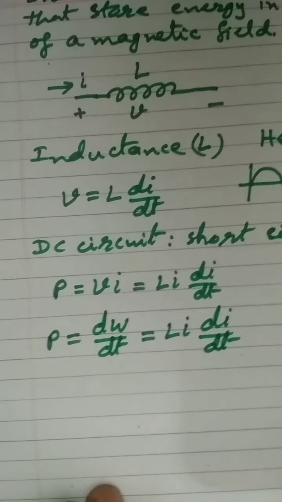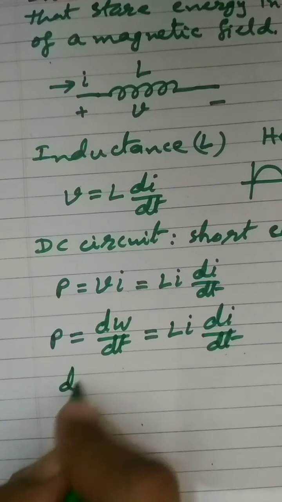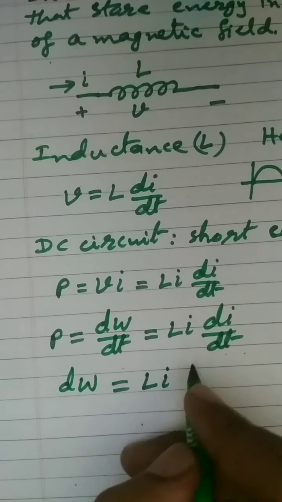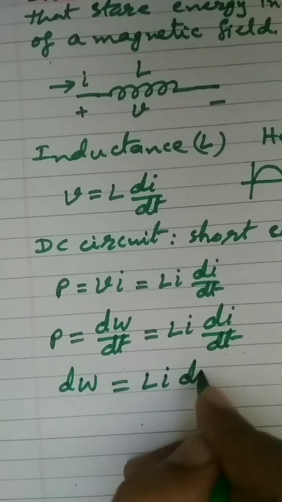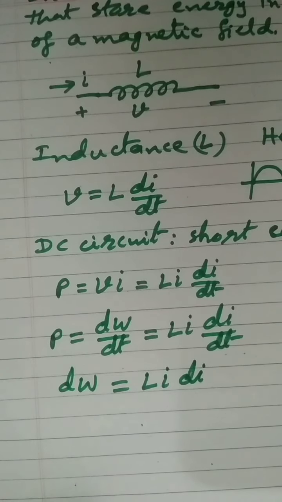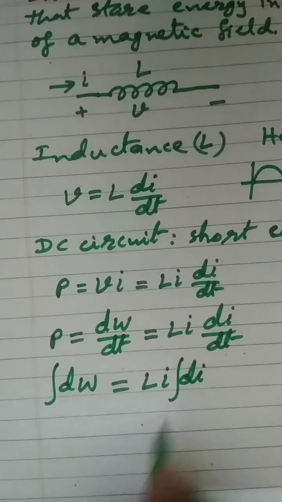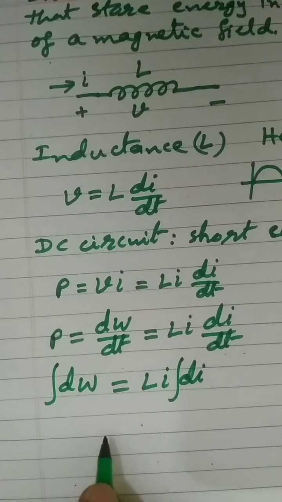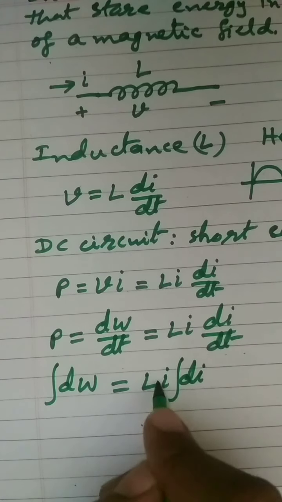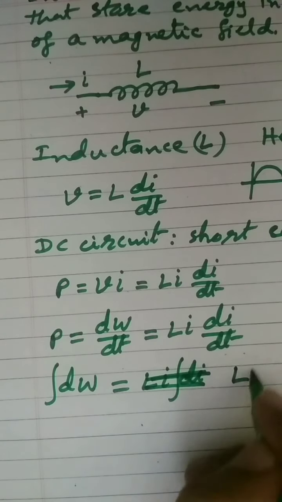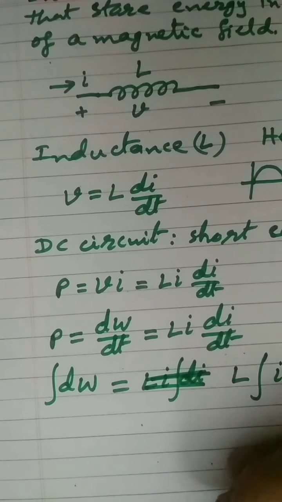So from these two relations we write d omega is equal to L i di. Now integrate both the sides. It should be L integration i di.